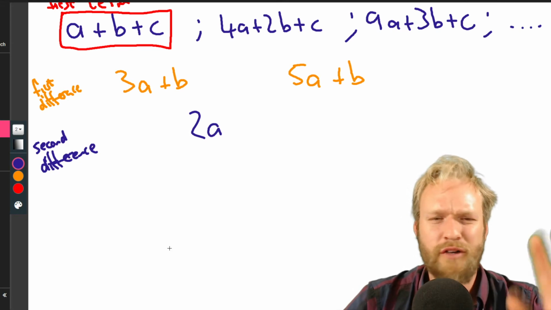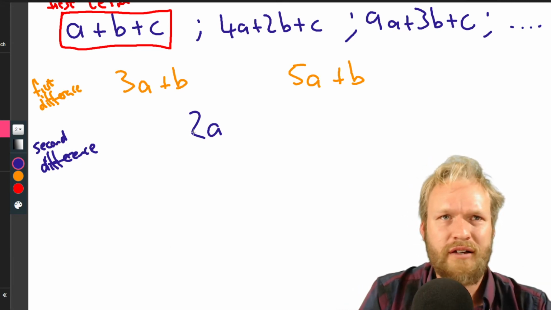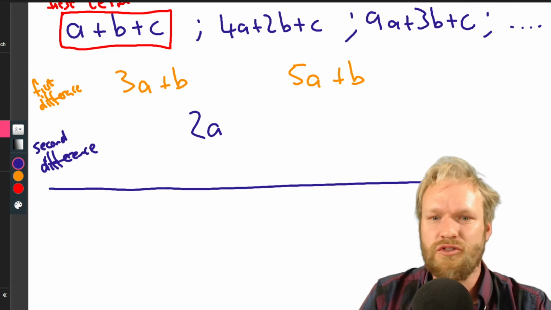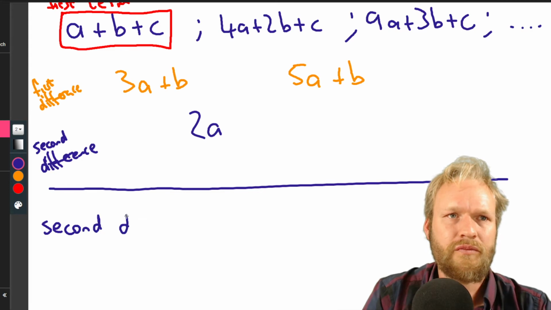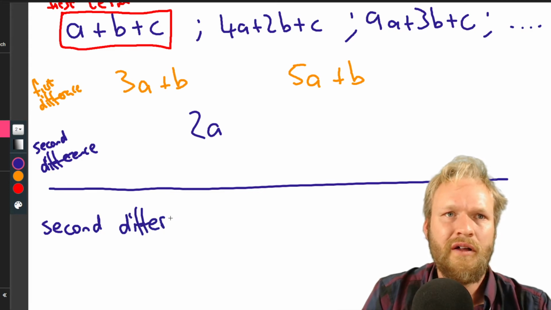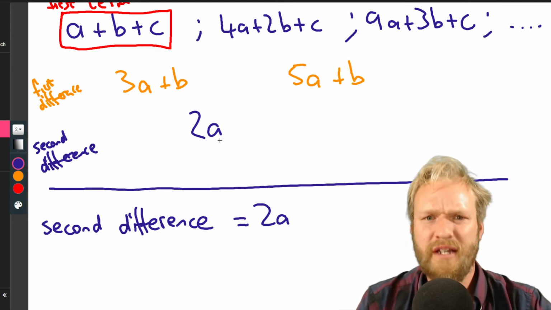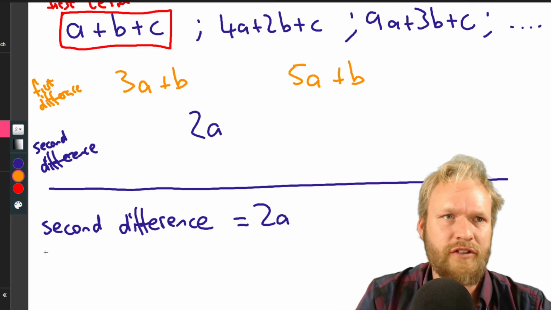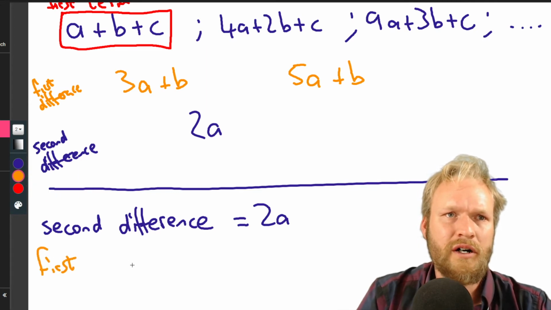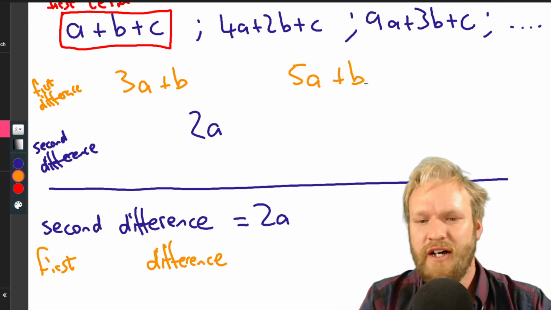So let's just pause and sum up. What have we done in the last 8 minutes or so? Well, we've worked out that our second difference, let's draw a nice line there, is always equal to 2a. Remember, the second difference is the same all the time. So 2a, 2a. Our first difference seems to keep changing, right? 3a plus b, 5a plus b.